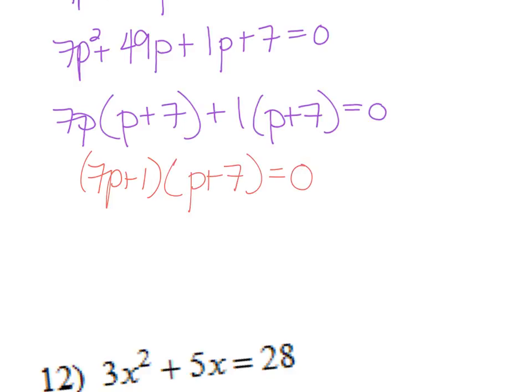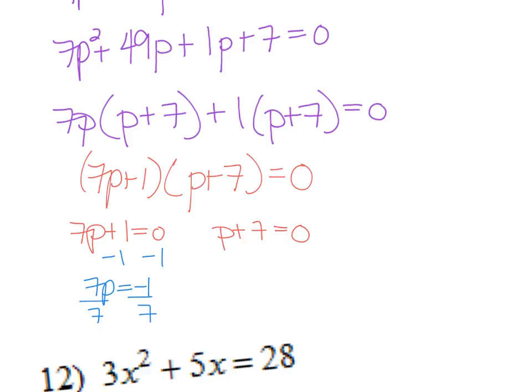Now remember, whenever we have something equals 0, we're going to have to split it into 2 equations. So I'll have 7p plus 1 equals 0, and now I have p plus 7 equals 0. All right, now I need to solve for p. I'm going to subtract 1 from each side. I get 7p equals negative 1. To get p alone, I divide by 7 because the opposite of multiplying is dividing.